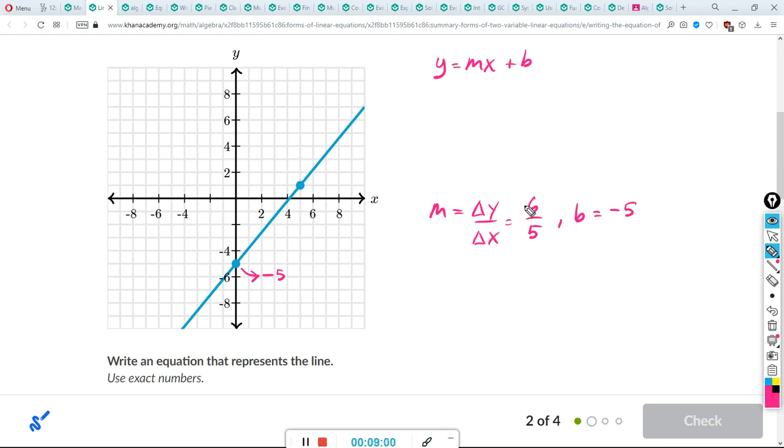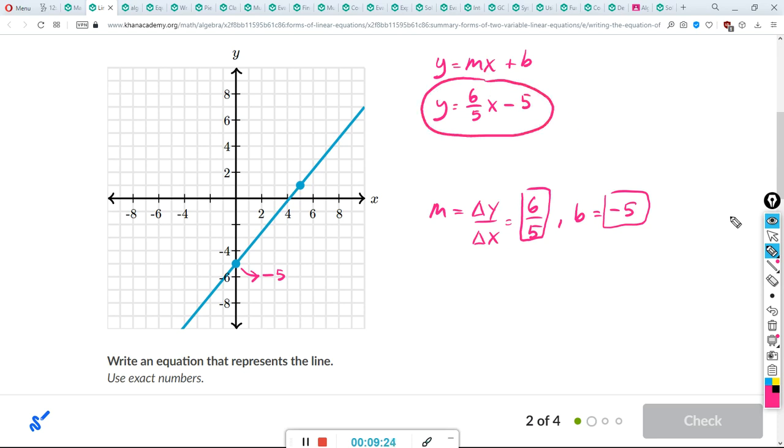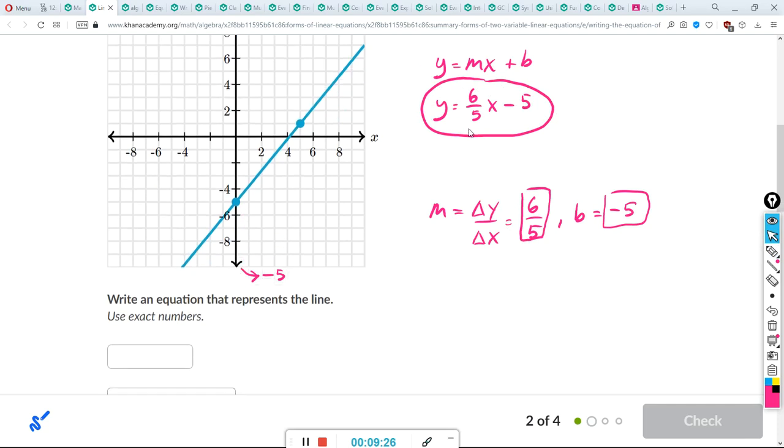So that's all you need. This is m, and this is b. So y equals m, which is 6/5, times x, plus b, which is -5.